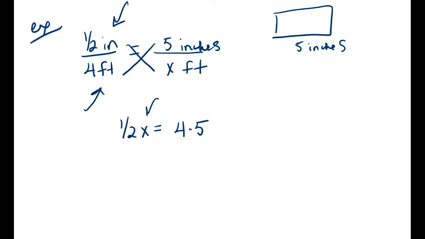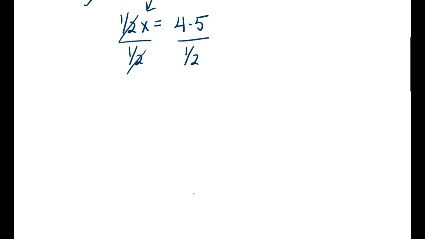Now we identify the variable here, it's x. And it's being multiplied times 1/2. So remember, we undo multiplication with division. So that would give me 4 times 5, which was 20, divided by 1/2. Now remember, we reviewed this last chapter.